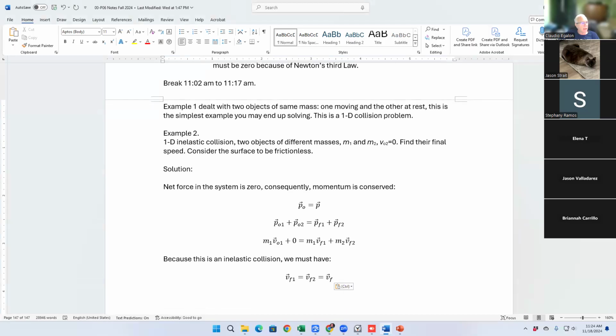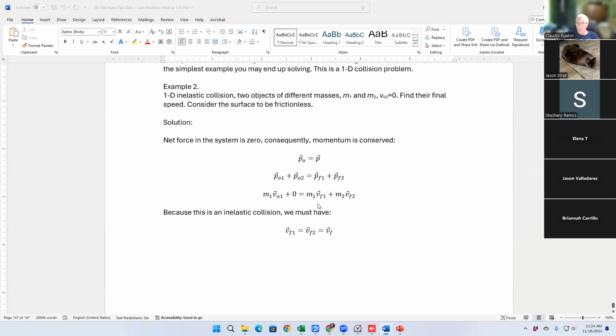And now we can replace this relation into this equation, and then we can find the final velocity. The final velocity of the system is going to be less than the initial velocity of mass number 1.